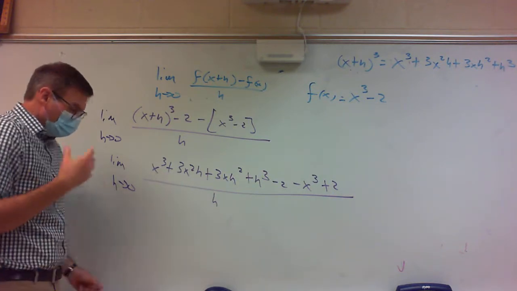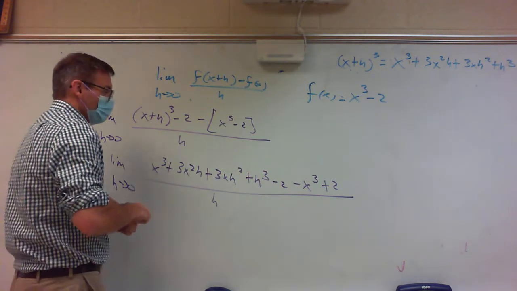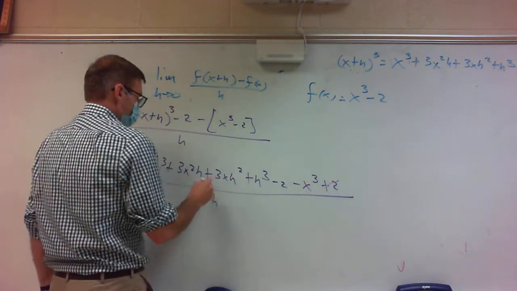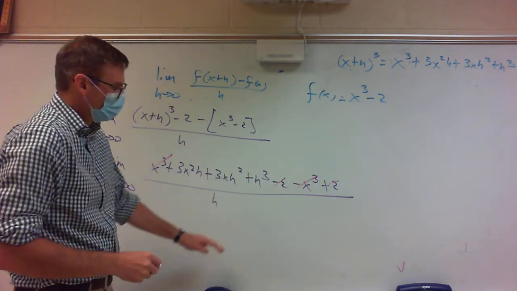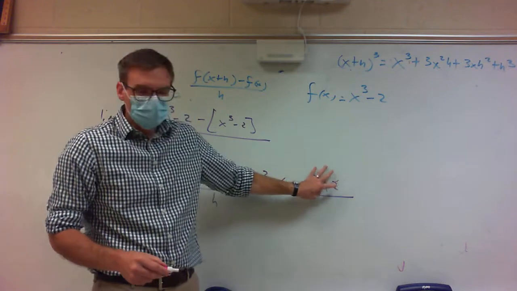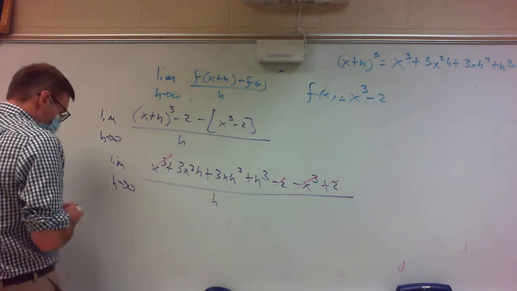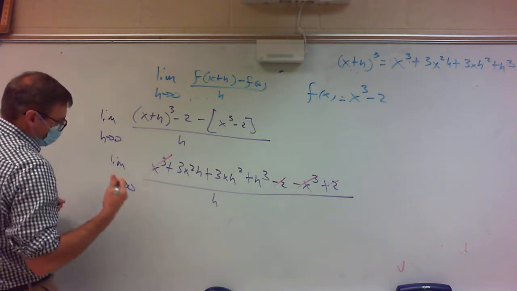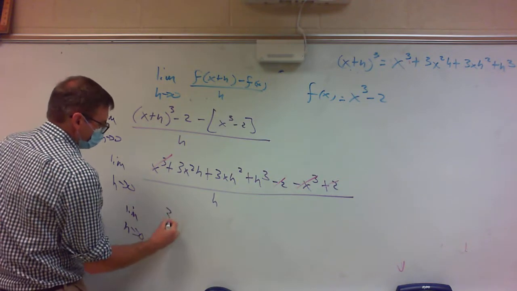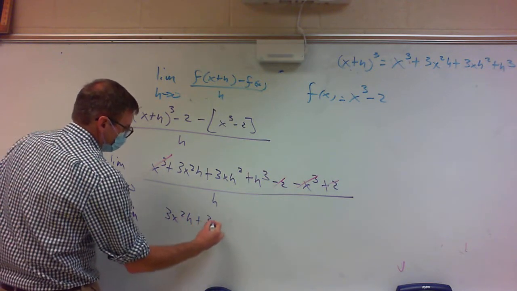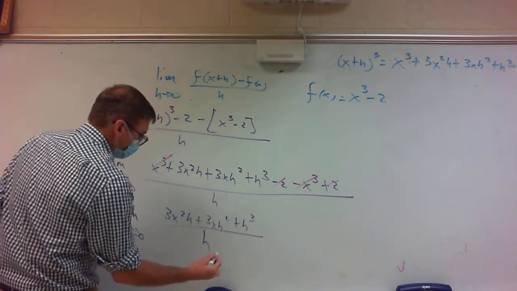And what happens here, and what happens pretty much in every polynomial whenever you do this, is this 2 cancels this 2, this x cubed cancels this x cubed. All of this stuff better cancel, or else you made a mistake. And we are left with the limit as h goes to 0 of 3x squared h plus 3x h squared plus h cubed, all over h.